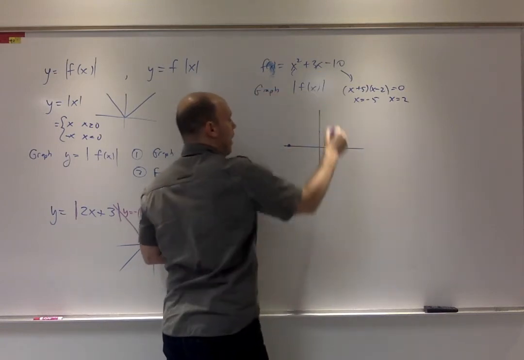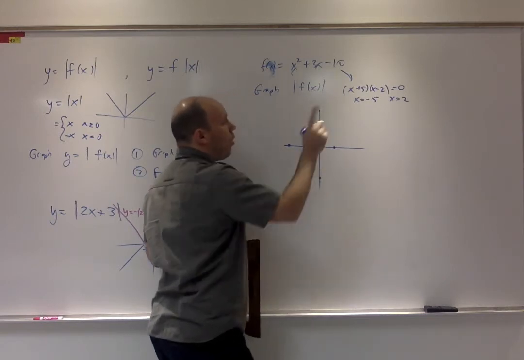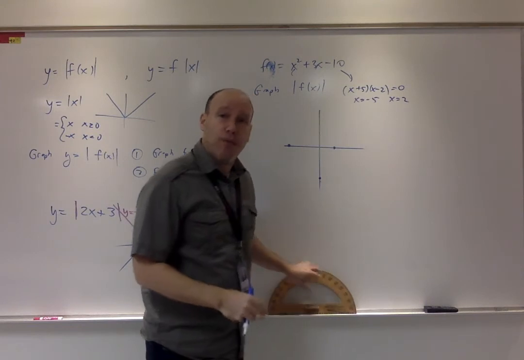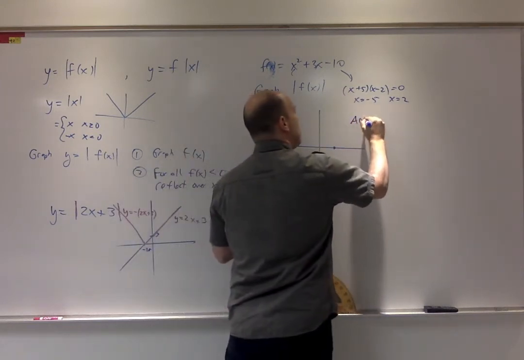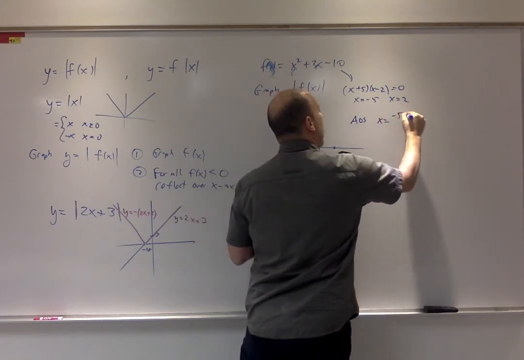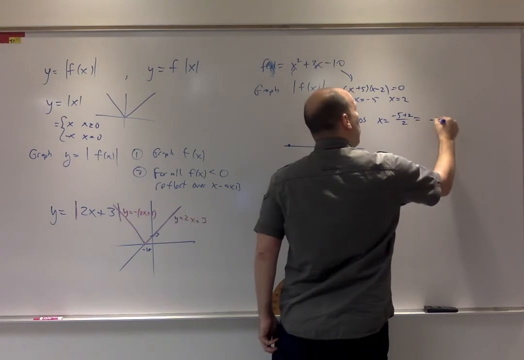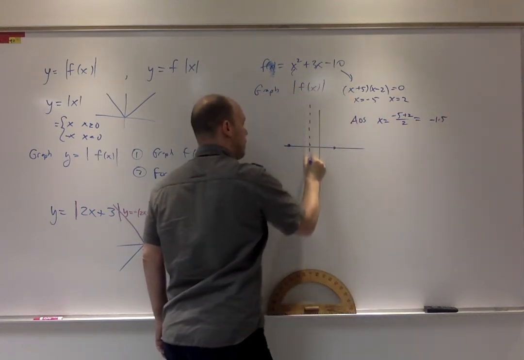I know that negative 10 is my y-intercept. I also know that the average of my roots is my axis of symmetry. My axis of symmetry is x equals negative 5 plus 2 over 2. That is negative 3 over 2, so this is negative 1.5. So this is the axis of symmetry.